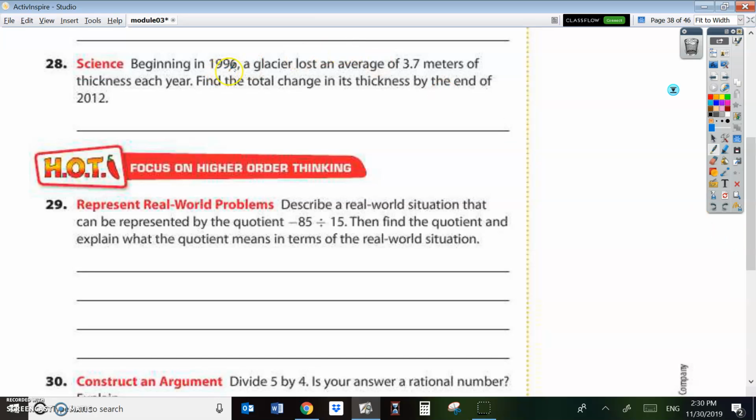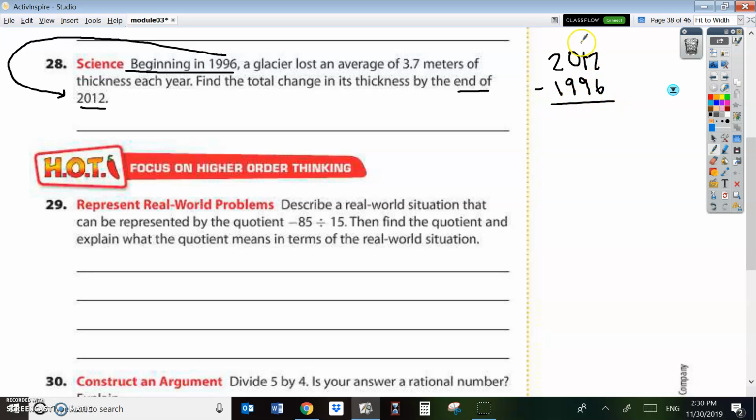Beginning in 1996, a glacier lost an average of 3.7 meters of thickness each year. Find the total change in thickness by the end of 2012. So how many years is that? Beginning in 96 and end of 2012, so we have 2012 minus 1996.